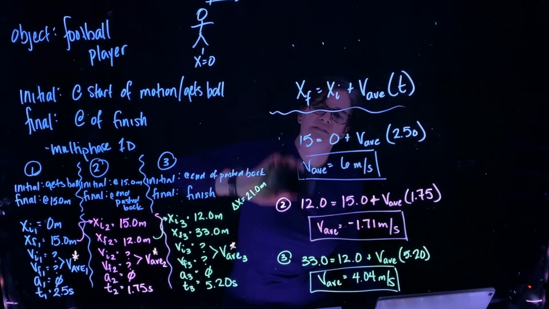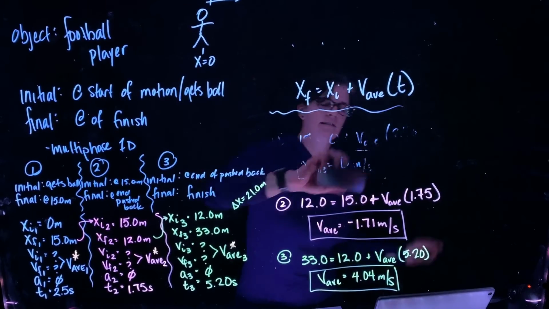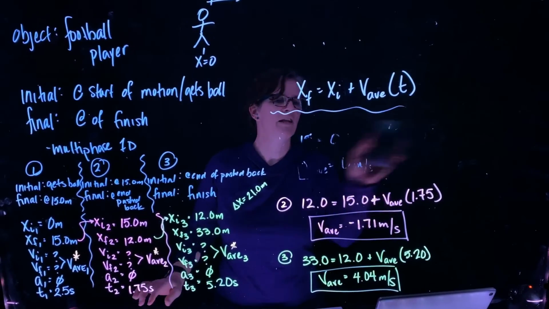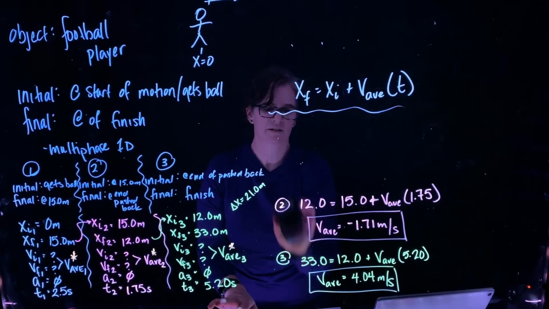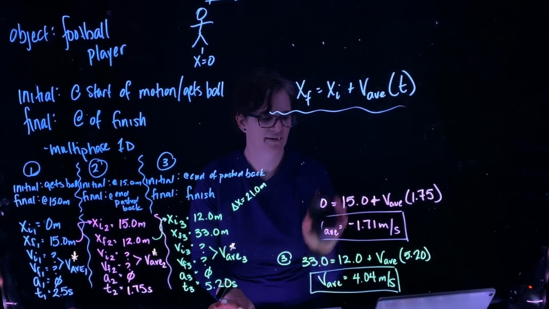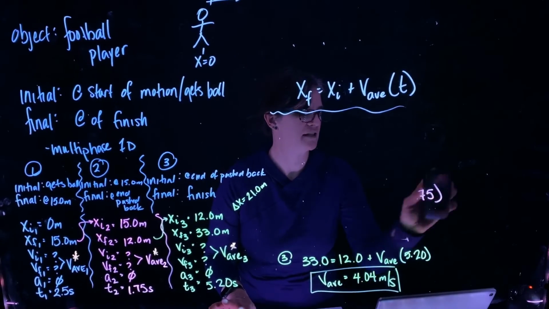I just want to have enough room. Erase this. All right, so we're going to look at a problem that's not phases, but simply is where do we start? Where do we end? And therefore, what's the average velocity through that motion?